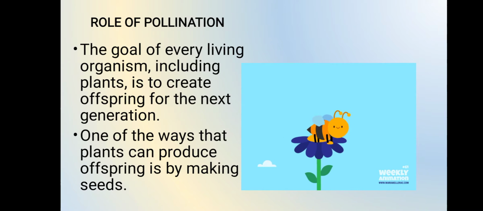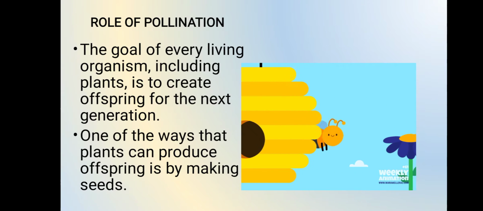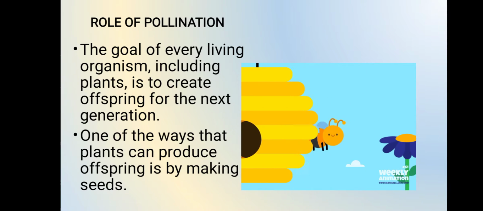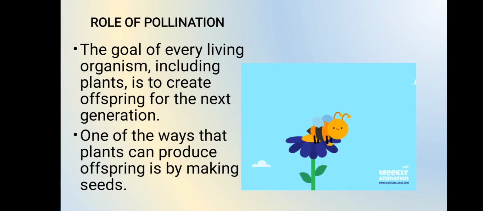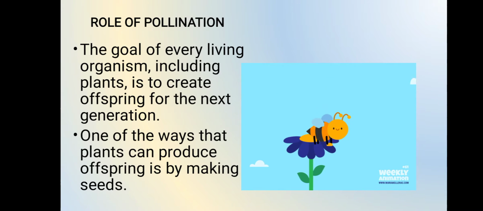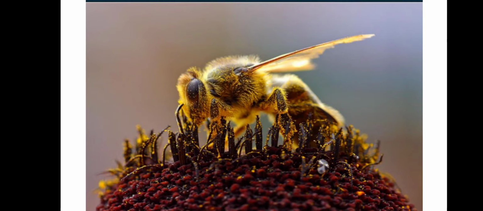That is, plants can produce offspring by making seeds, as you can see in this video. Now today we'll be learning about self-pollination and cross-pollination.